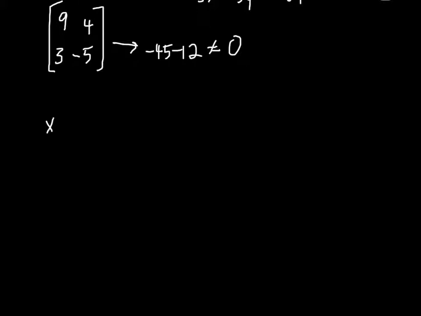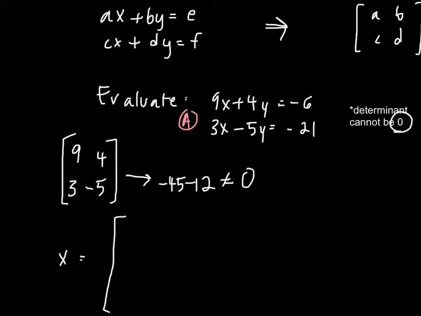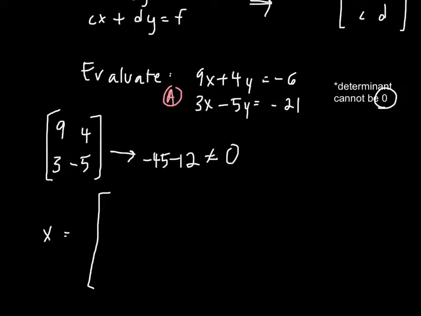So we have our x, and the matrix to solve this is we take the answer column, so we go back up to our problem, and our answer column is negative 6 and negative 21. So we write that first. Next we're going to write our coefficients for the y.